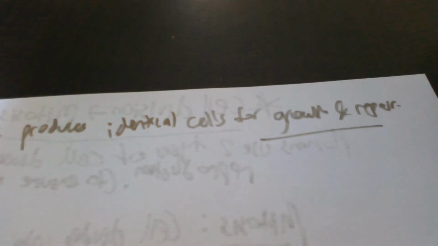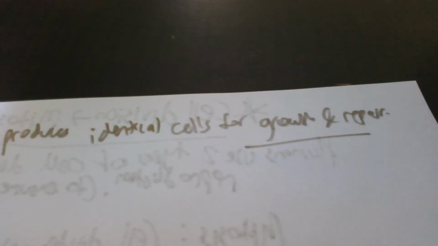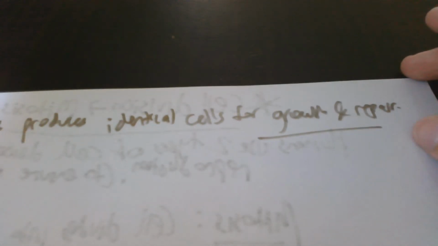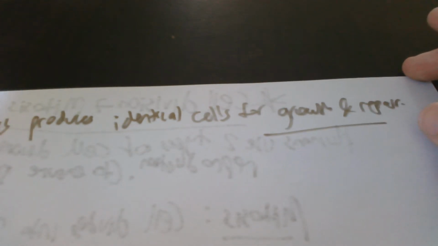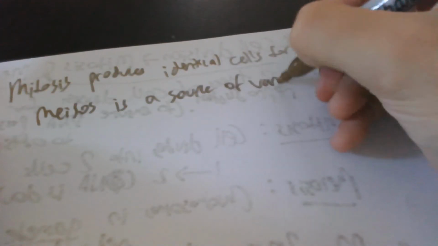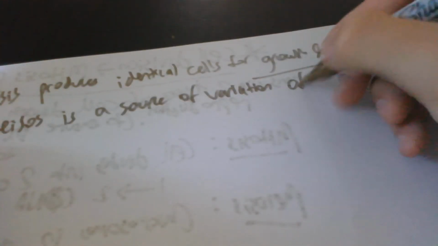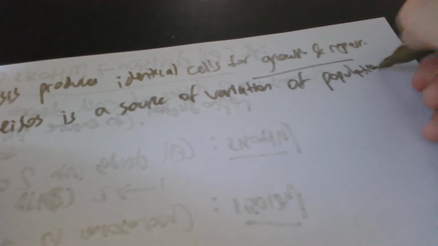So cell division allows for growth and repair, right? Now, meiosis, as I mentioned, produces gametes with half a set of chromosomes, okay? It's a source of variation in populations, which means, remember, that you see different offspring, okay?